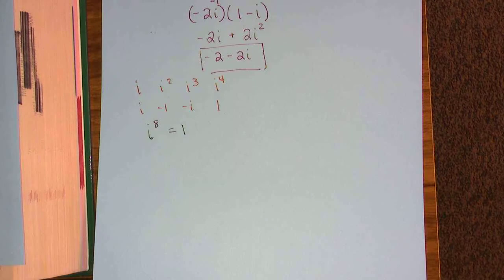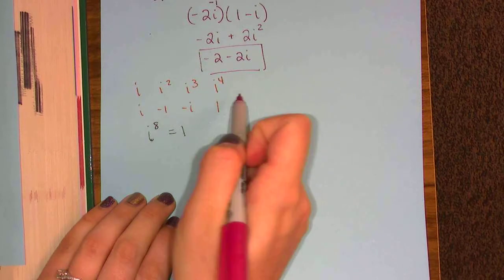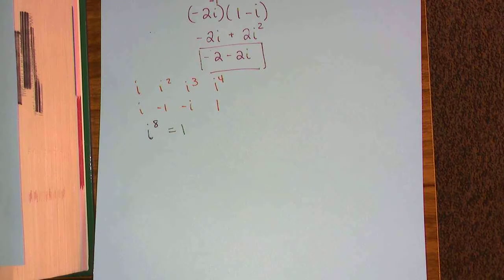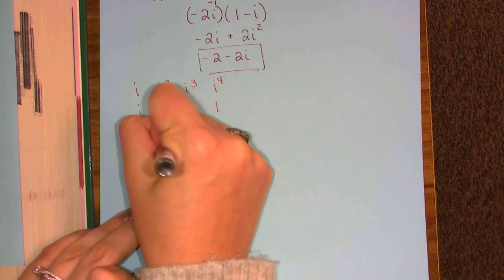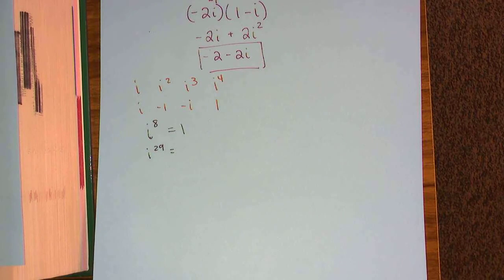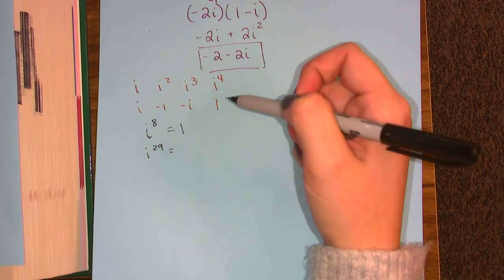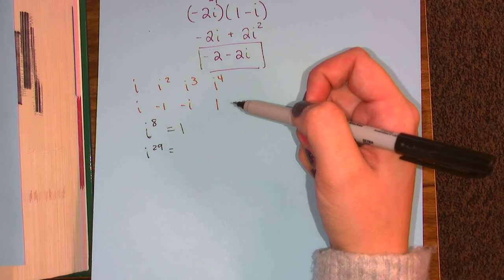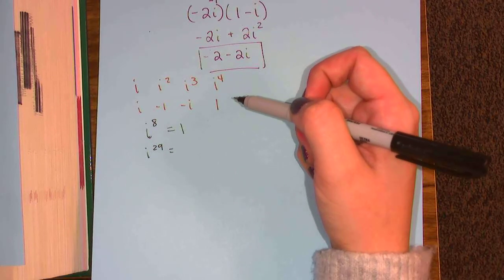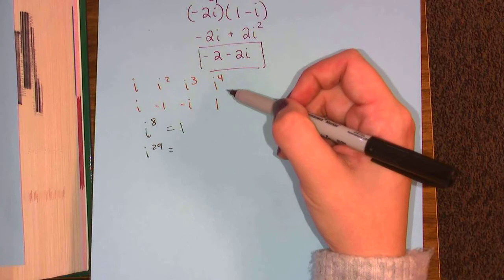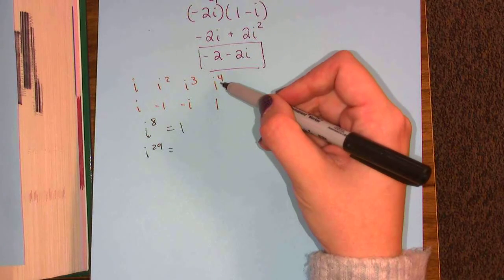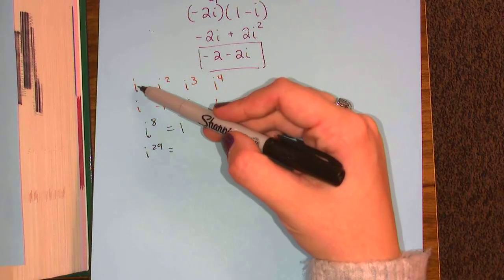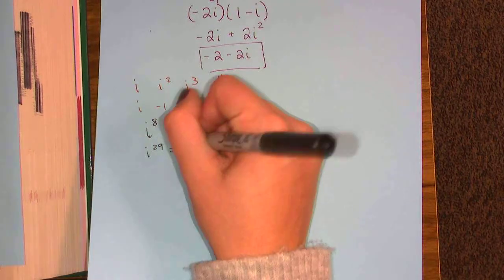Now, I to the 29th, rather than having to sit here and count them all. 28 divided by 4, or well, 28 divided by what gives you like 4 or something? 7. So I know that gets me to 4. 29 would be 1 past that, take me back to I.